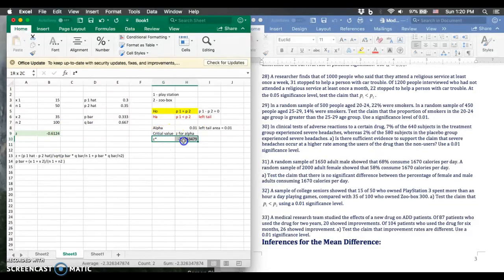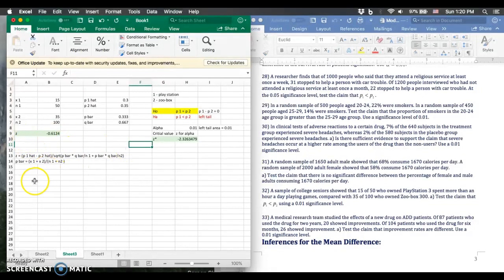Also, if we're comparing with the z-star, which is our critical value, we can see that the critical value is negative 2.3. So in order for us to consider a low chance of happening or not usual, I do need to have a z-score that is further away from the mean, like negative 2.3 standard deviations away from the mean.